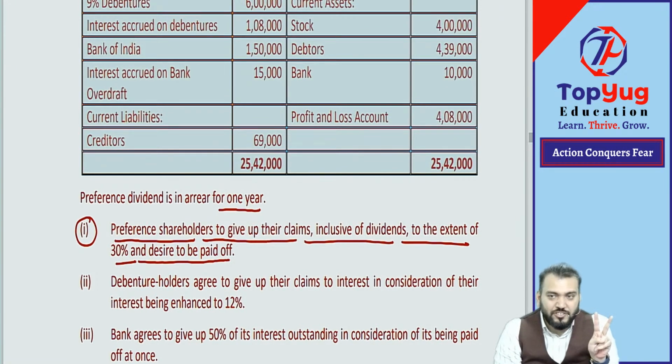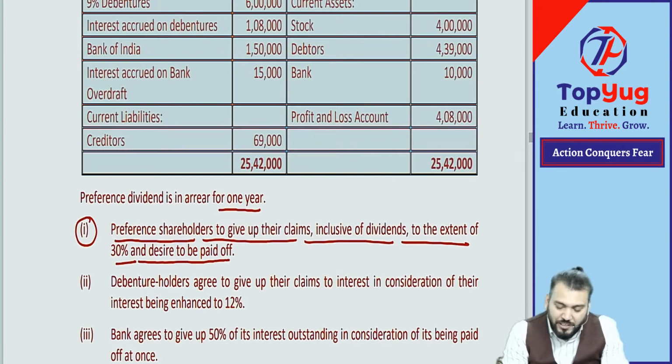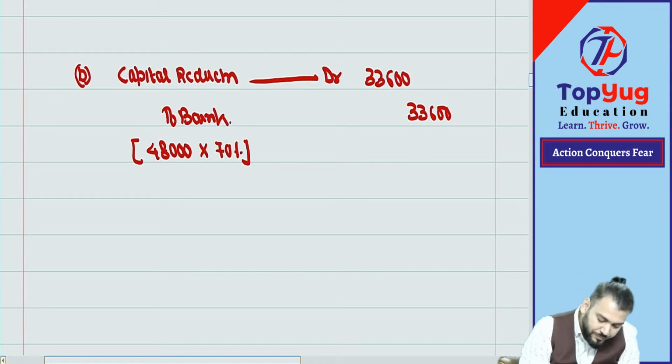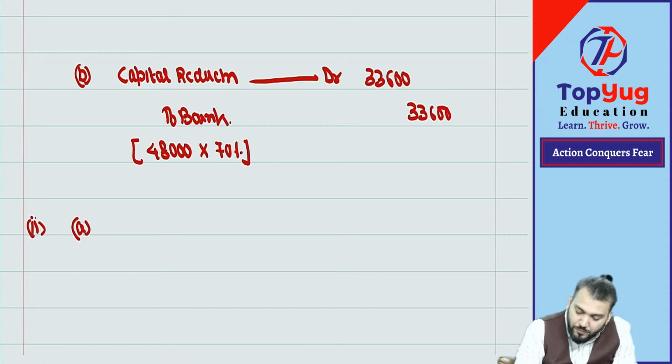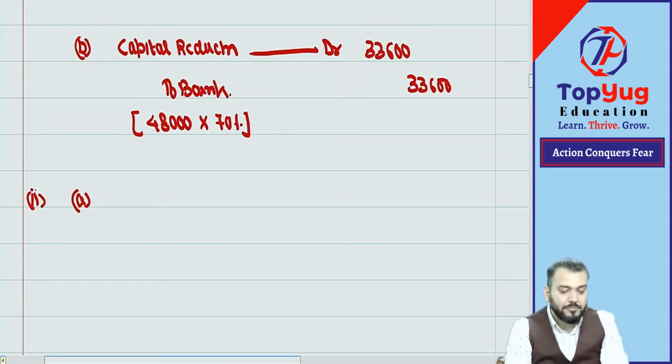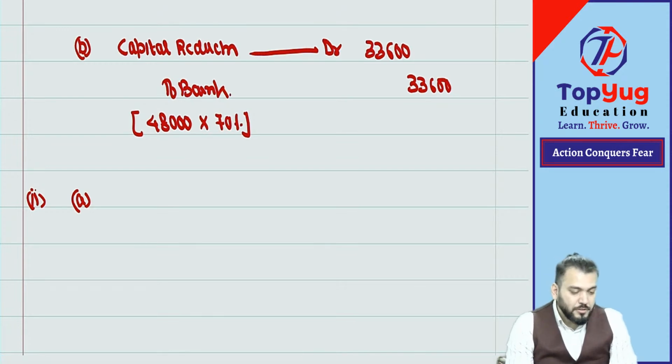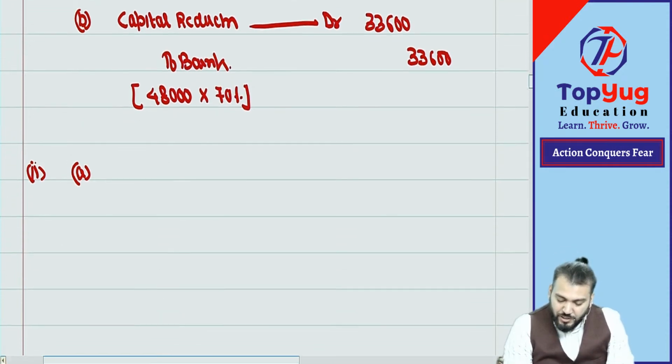So there are two transactions here. Interest will be cancelled and the class of debenture needs to be changed. Can we do it? Simple only. So we are doing point number 2A. First let us cancel the interest.